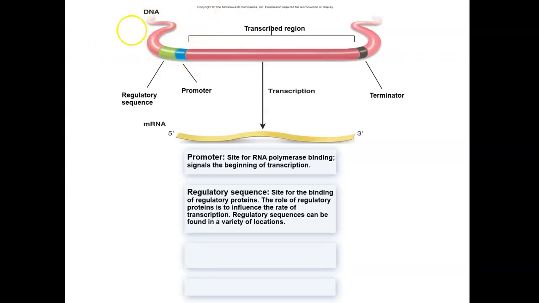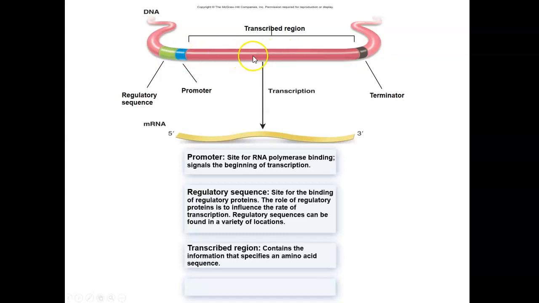This regulatory sequence, as I mentioned, is going to be the main site for our transcription factors, regulatory proteins, and so what the regulatory sequence does is it will stabilize or destabilize the binding of RNA polymerase at the promoter. So the tighter that RNA polymerase is bound to the promoter, the more RNA that you will ultimately get. So this regulatory sequence facilitates either tight binding or loose binding of RNA polymerase and will really regulate the amount of transcript that is ultimately made.